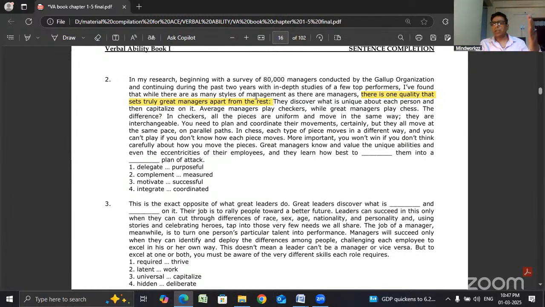If there are 10 managers, there can be 10 different styles of management. There is no one cookie cutter formula or compartment for becoming a manager.